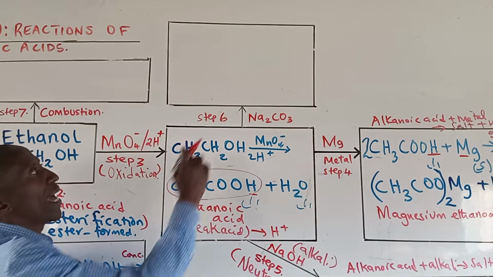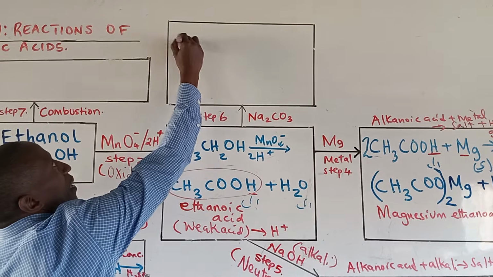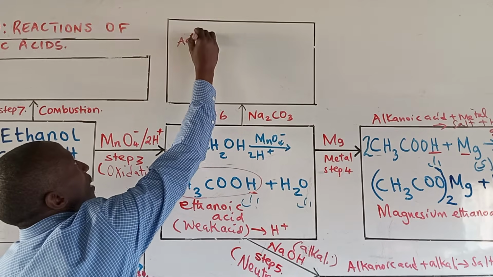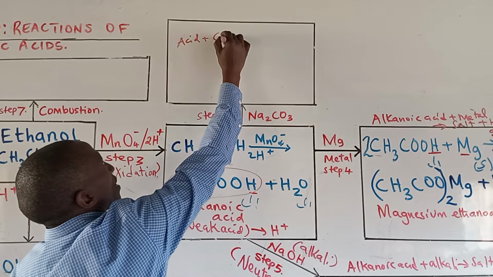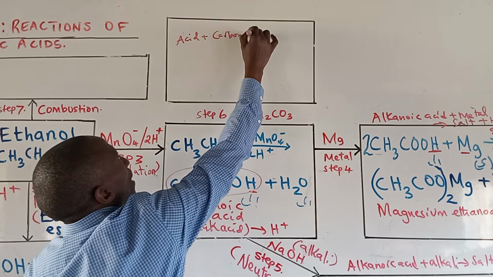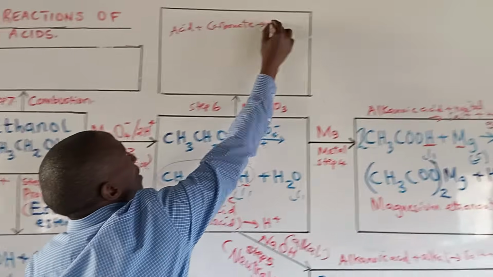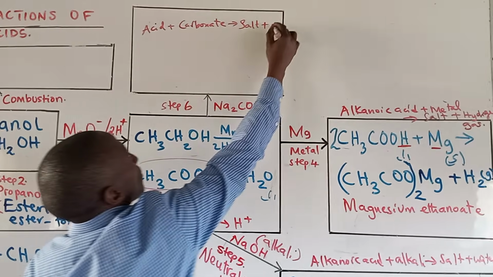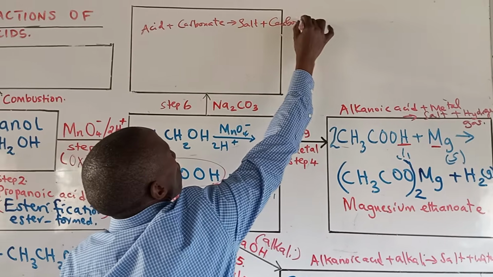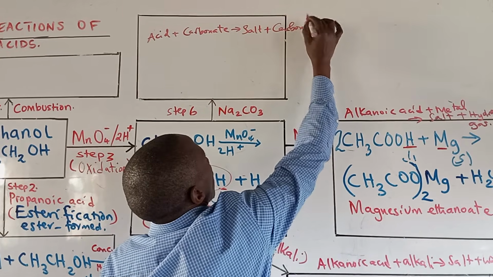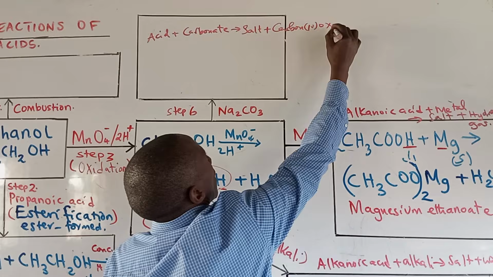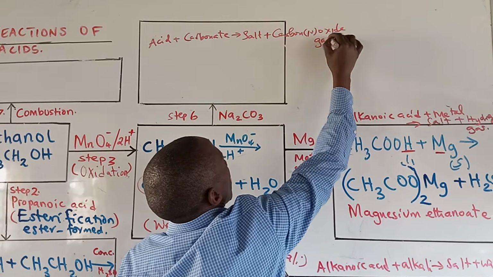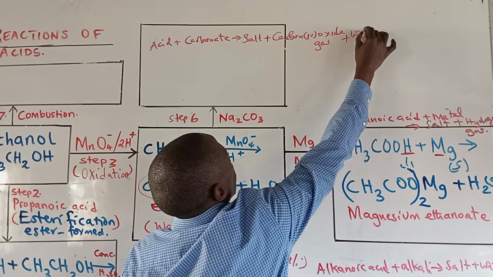So we are talking about an acid reacting with a carbonate. And here we expect that there will be a particular salt plus carbon 4 oxide gas, and water.